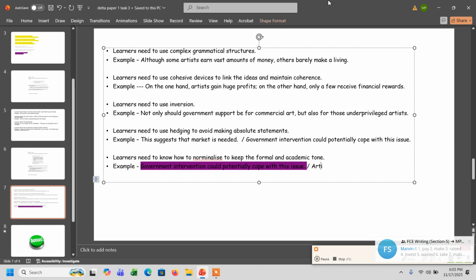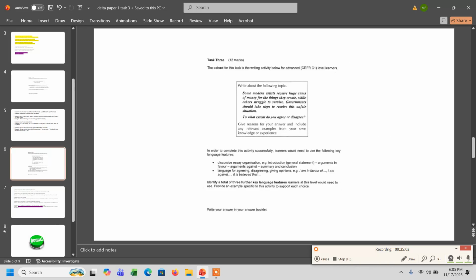Like artists play a crucial role in cultural enrichment, right? Artists can enrich the culture, so governments need to support them, blah blah blah, right?